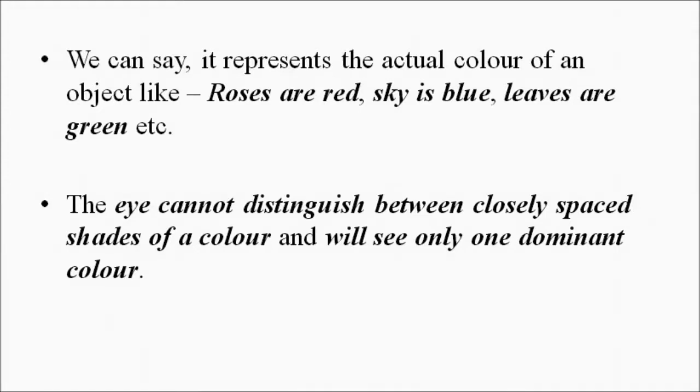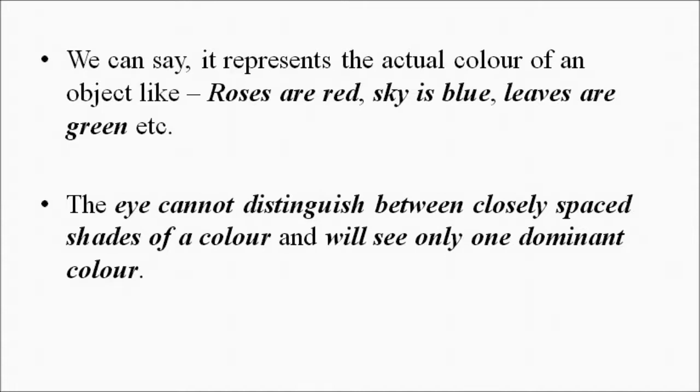Now an important characteristic feature related to hue is that the particular rose we see is available in different shades of red. Some can be light red, some can be deep red, something can be a little bit orangish, something can be a little bit pinkish. Like I'm saying, different shades of red that we see. Now the eye cannot distinguish between closely spaced shades of a particular color.